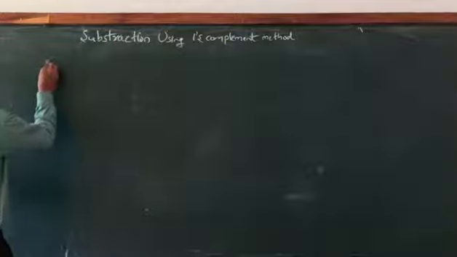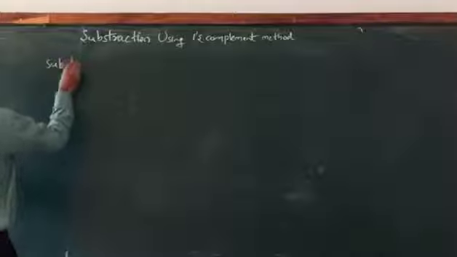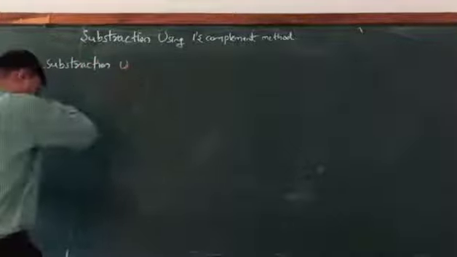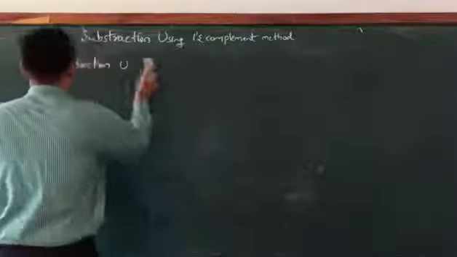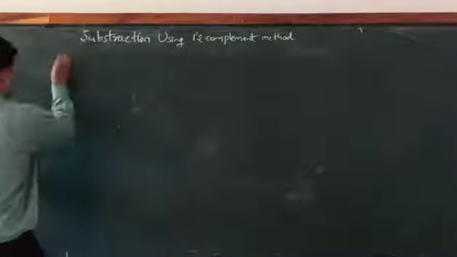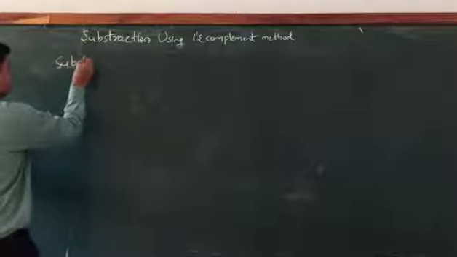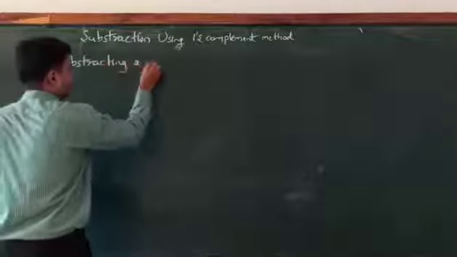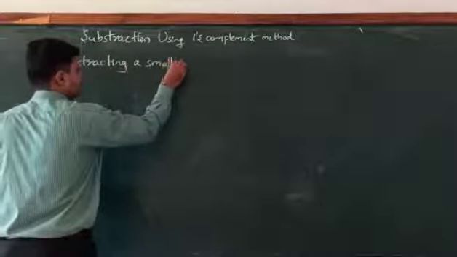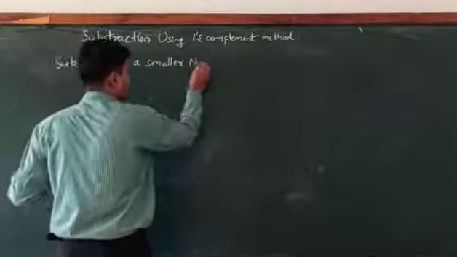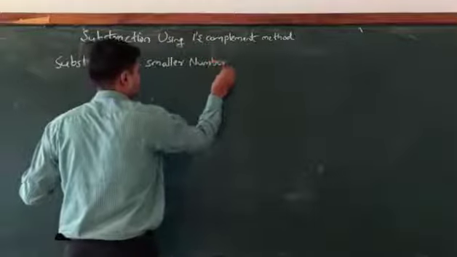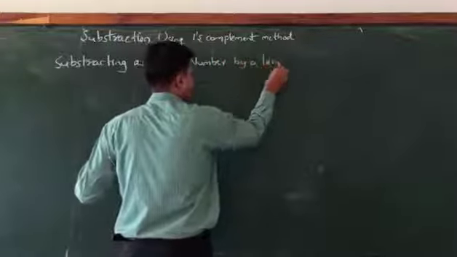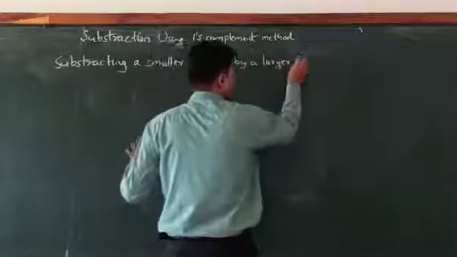First one is subtracting a smaller number by a larger number.